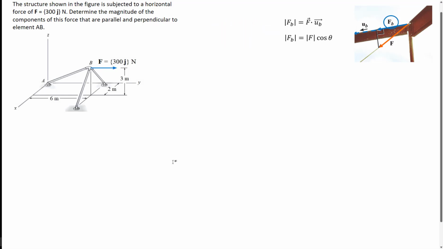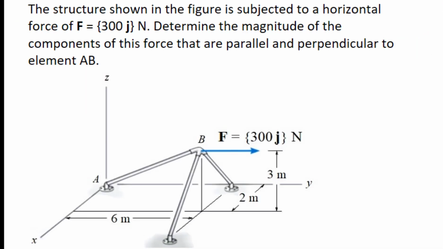So let's go back to the scheme. For the scheme, let's think that we have a different axis. I will use the line from here. I'm just drawing this line that shows the direction of my element AB.